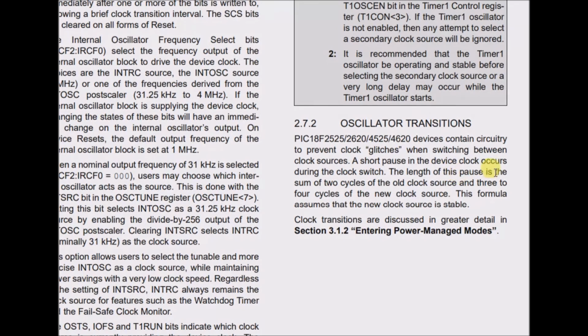The length of this pause is the sum of 2 cycles of the old clock source and 3 to 4 cycles of the new clock source. This formula assumes that the new clock source is stable. Clock transitions are discussed in greater detail in section 3.1.2 Entering Power Managed Modes.